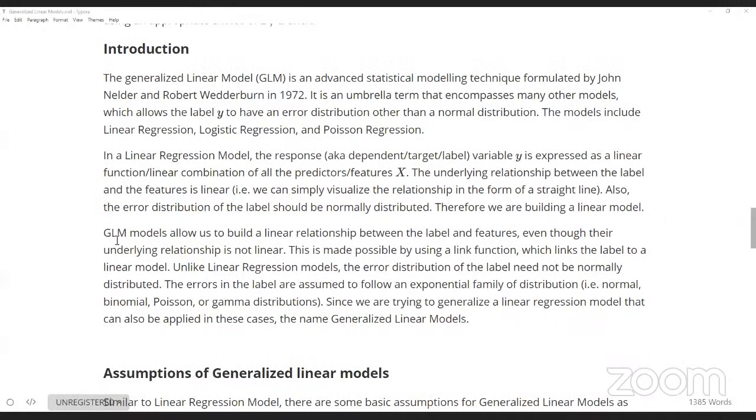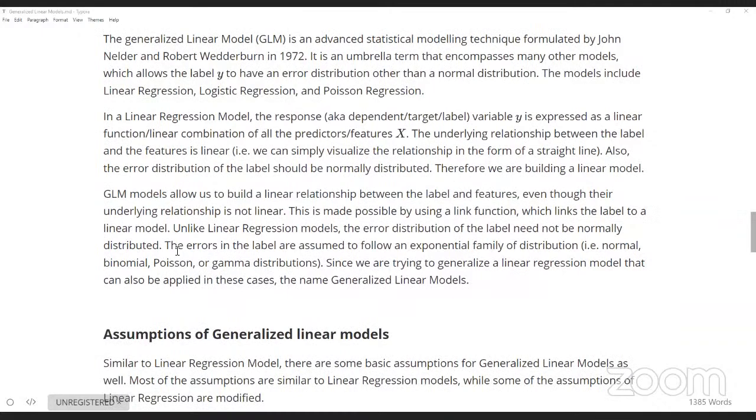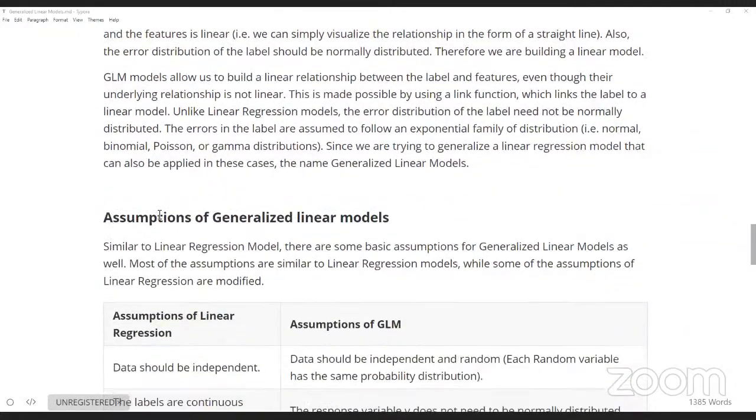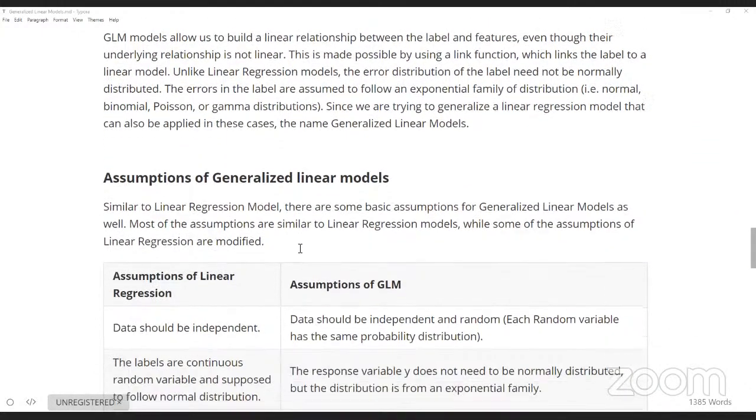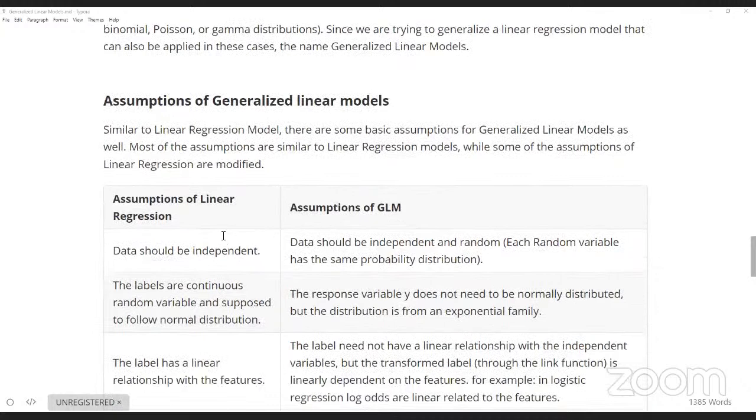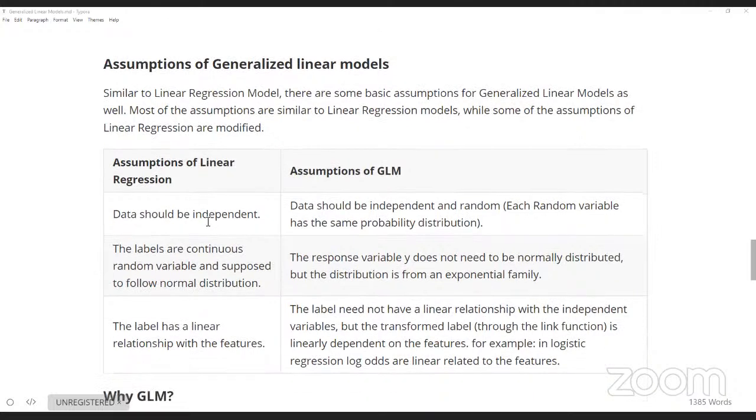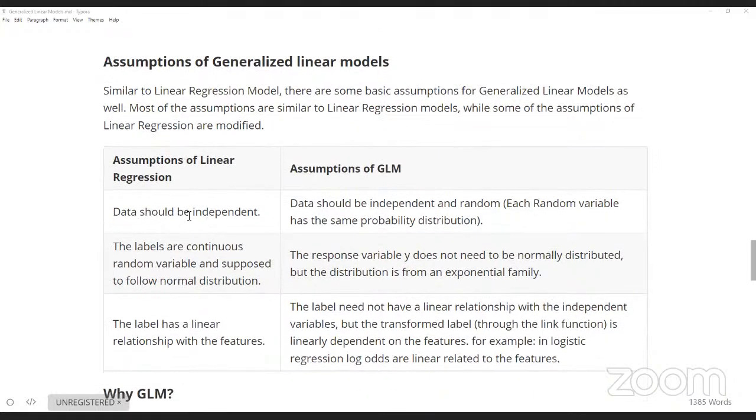A GLM is again a linear model, but here the assumptions that we make about the model are more generalized. So let's compare linear regression and the generalized linear model. In linear regression, we assume that all the features are independent, which is the very first assumption for any model.